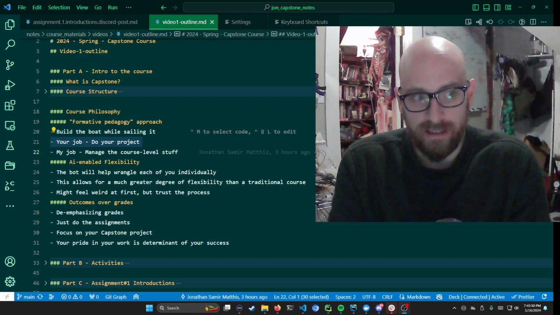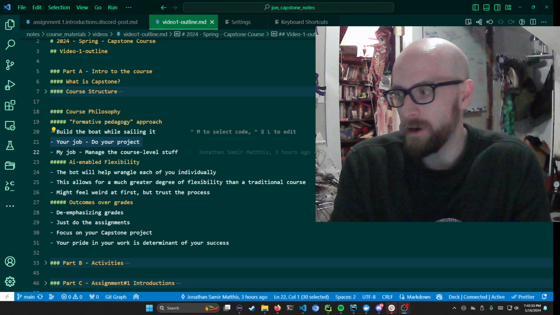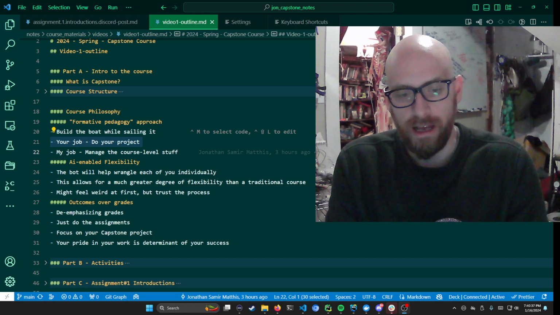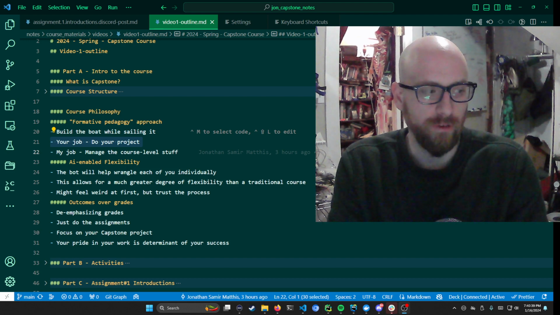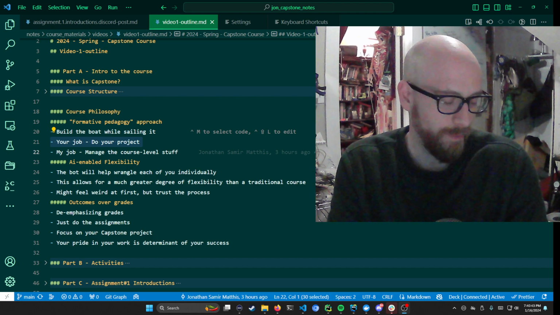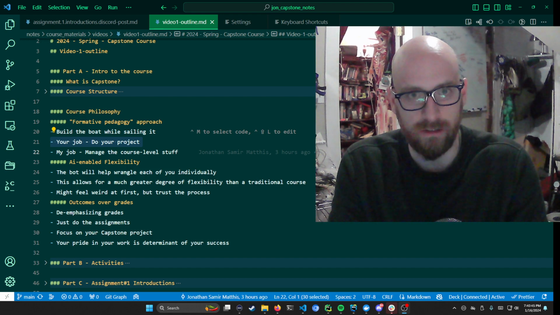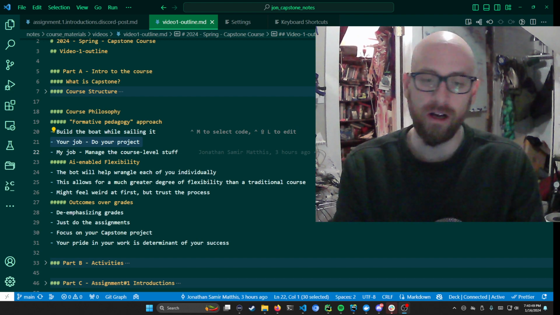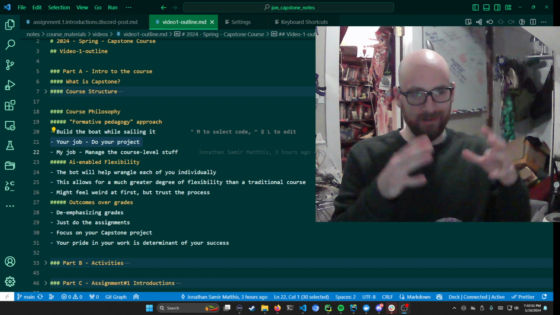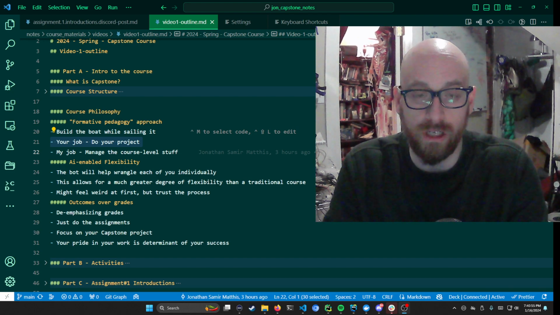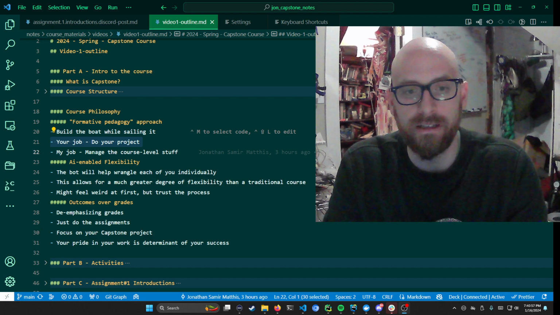With the advent of AI, and particularly the way that this AI is going to be configured, it should be possible to allow for a much, much higher level of flexibility in how this class is running, because I can configure the bot to assist you in whatever project you choose to pursue, as long as it is within the rough general boundary constraints of what the class is structured around, which is a big capstone project.